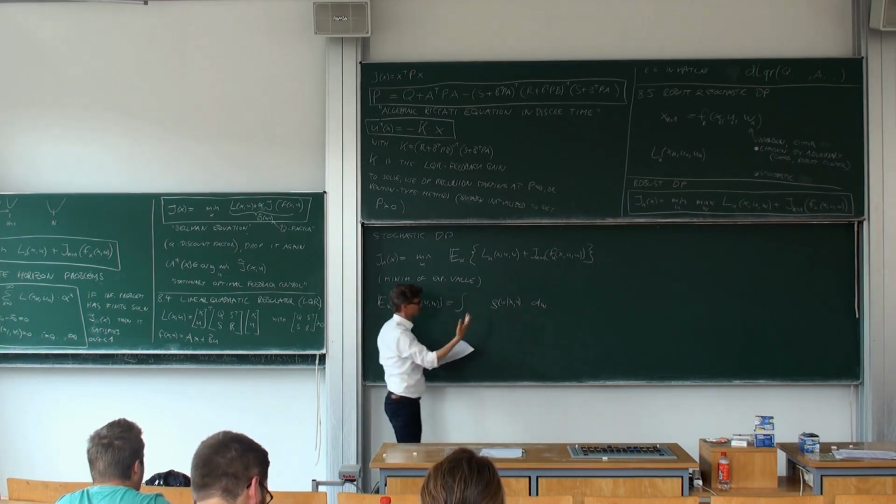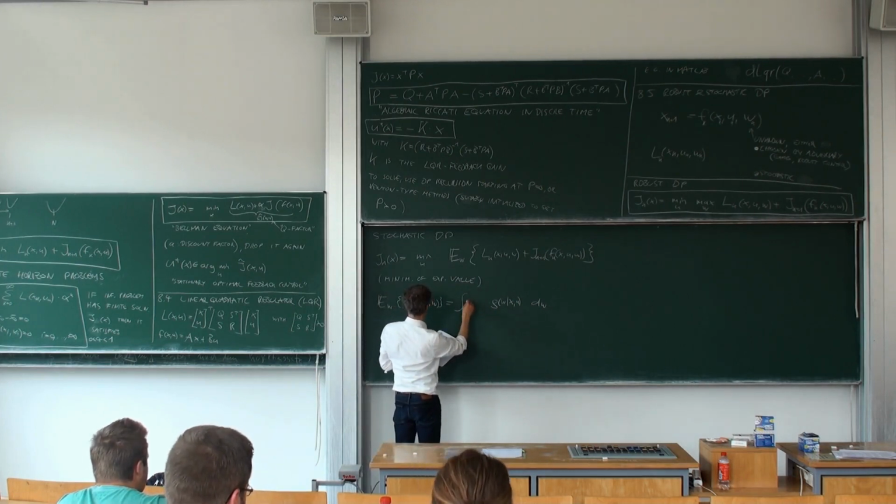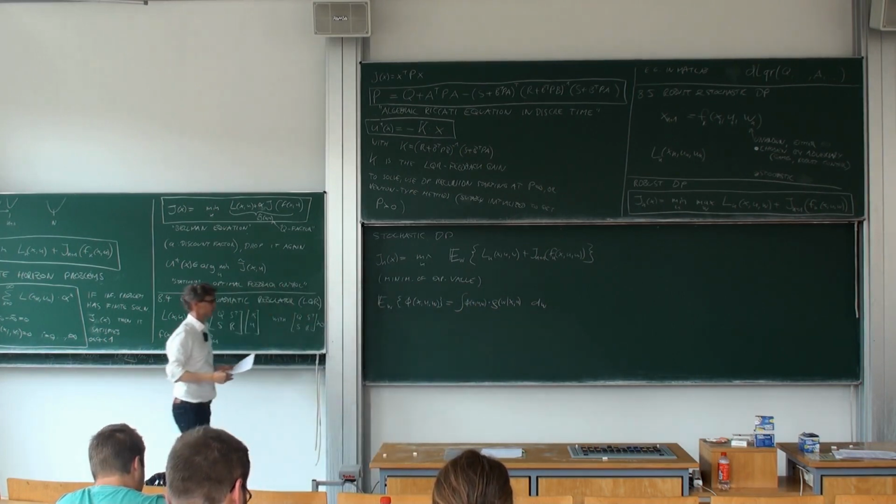So it could be a Markov chain. And then here's the phi, of course, of x, u, w. So it's just a weighted sum of all possibilities.